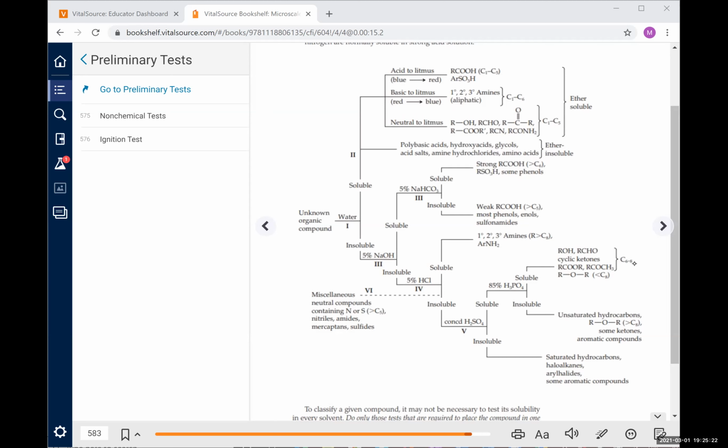The main thing that's useful about the test by trying to dissolve it in sodium hydroxide or hydrochloric acid is that it allows you to differentiate between an amine versus an amide, because the amine would be characteristically insoluble in slightly basic solutions such as 5% sodium hydroxide, but soluble in slightly acidic solution.